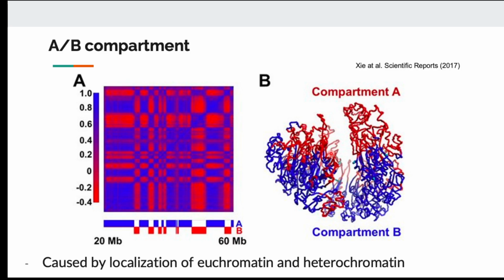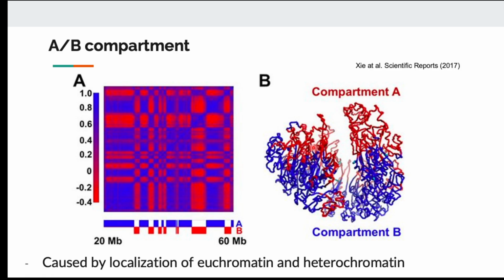What people found when they started to acquire chromatin conformation capture data is that the interactions between DNA in the genome are usually segregated into 2 groups, A and B. They just call them A and B for lack of a better name.